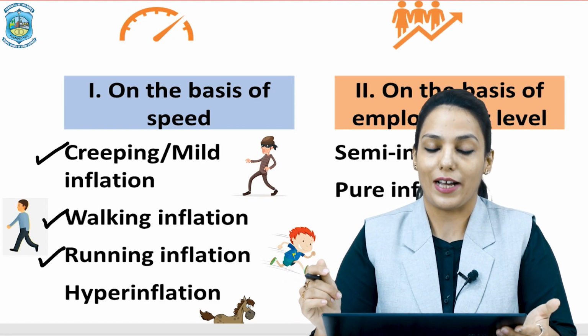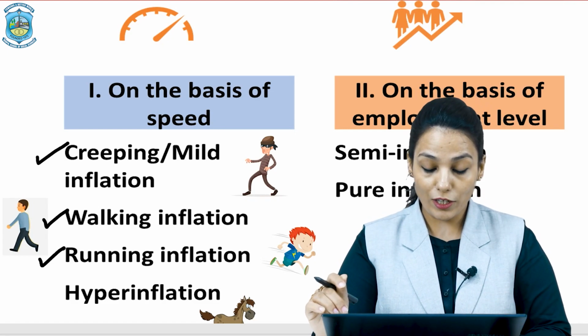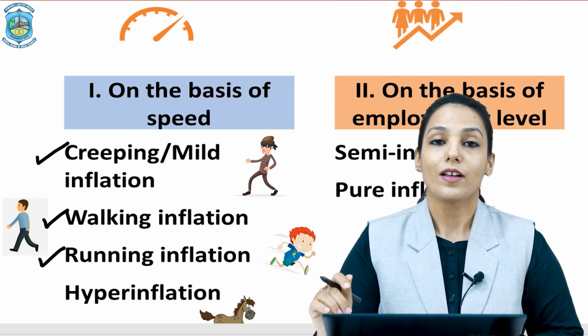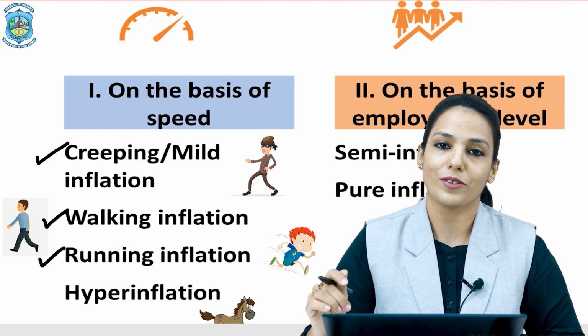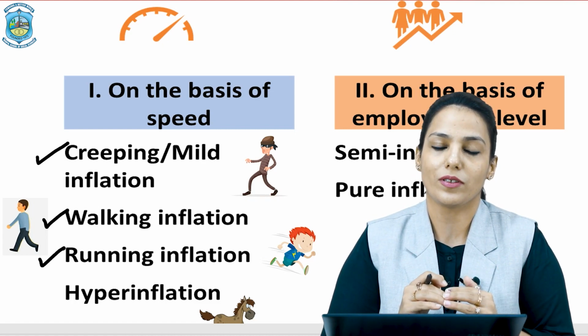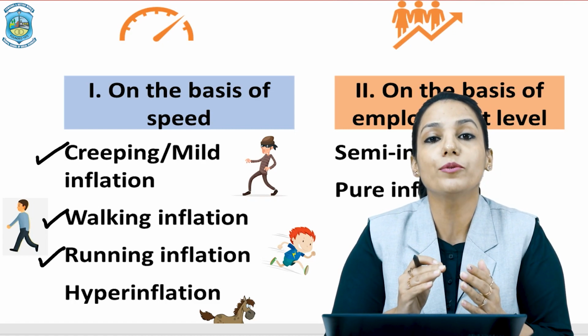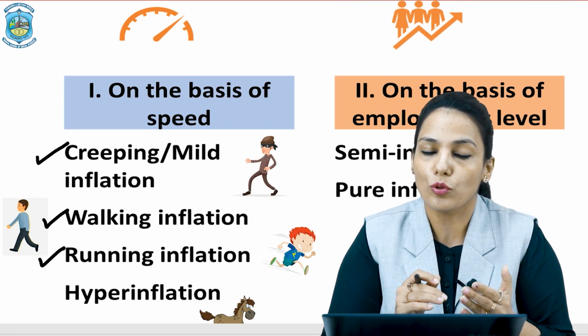The third type under speed is running inflation. Running inflation occurs when the rate of inflation is more than 10%, or you can say between 10 to 20%. Running inflation harms the economy, and it is the poor and middle class families and households that are affected the most.